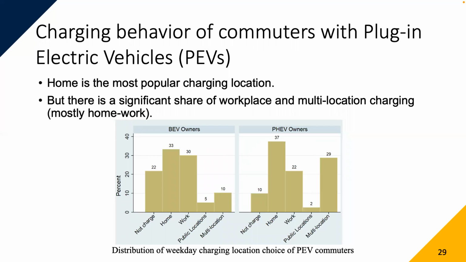There's a whole slew of interesting things you can look at: where they charge, when they charge, how much they charge, how often they charge. There's a lot of work being done here to suss that out, and I think this has important implications for modeling. This is where you want to have a good sense of underlying behavior.